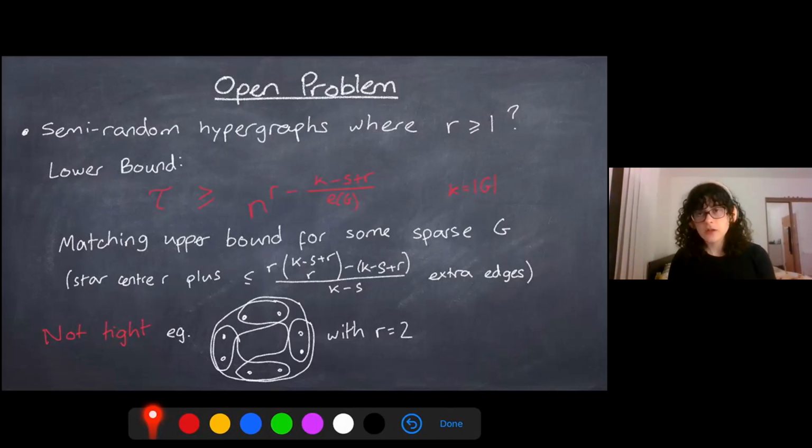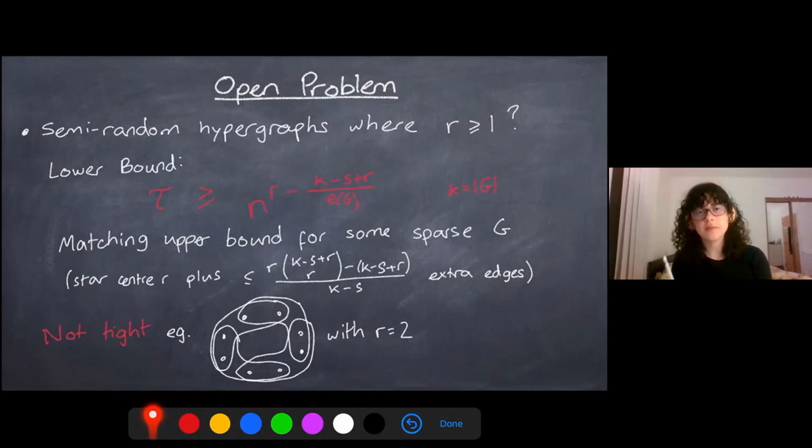If you remember right back at the start of the talk, I said for the graph case that the original authors of the upper bound also managed to prove things for complete graphs. So we tried looking at complete graphs here, and complete hypergraphs don't really seem to be any easier than the general case.